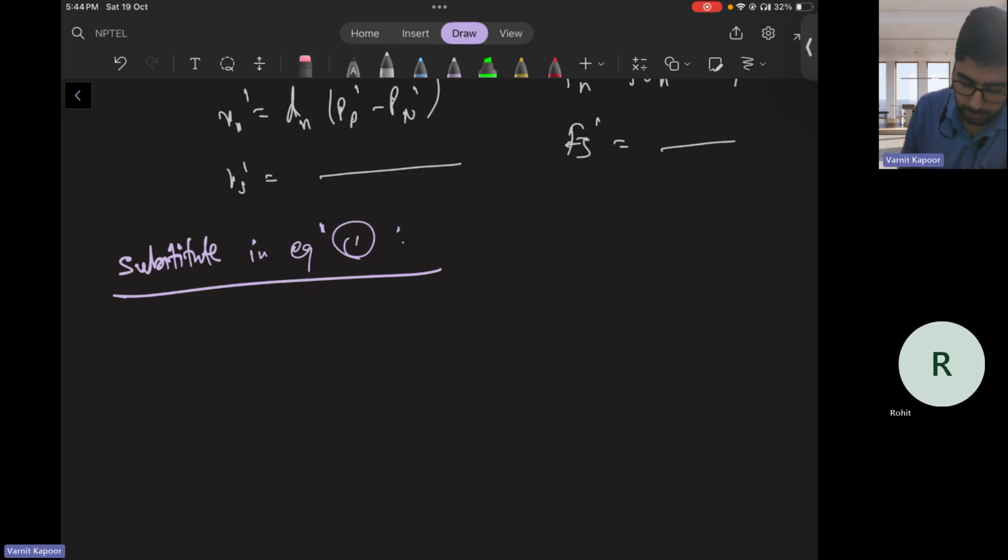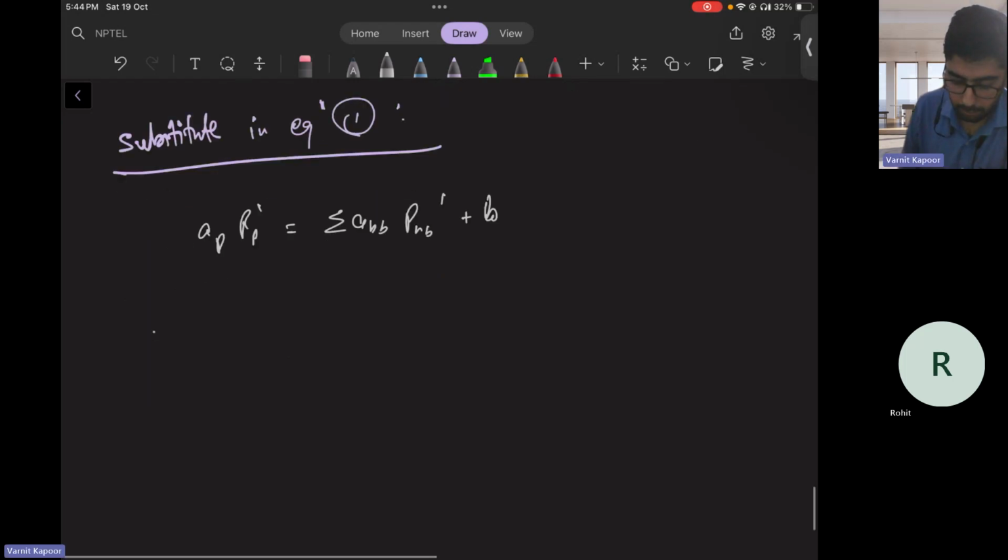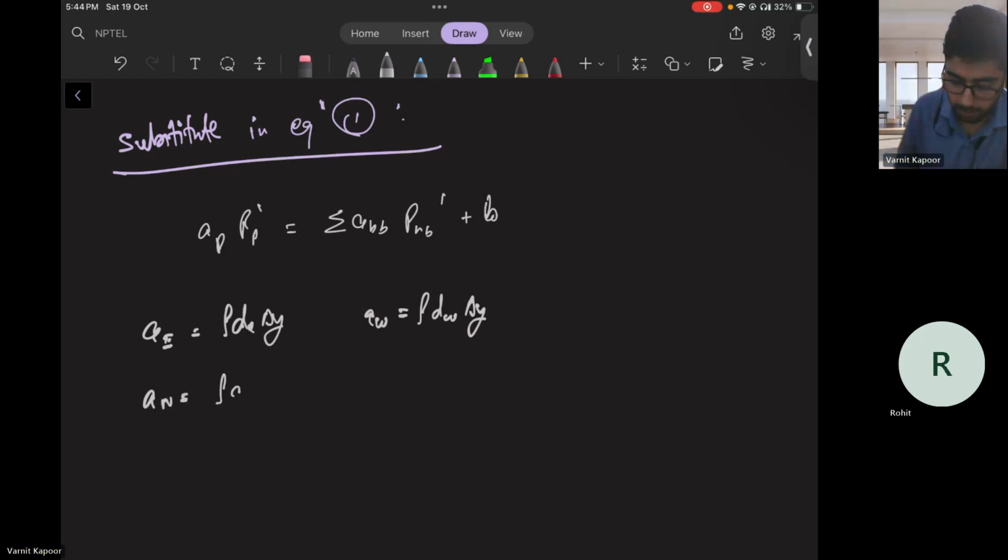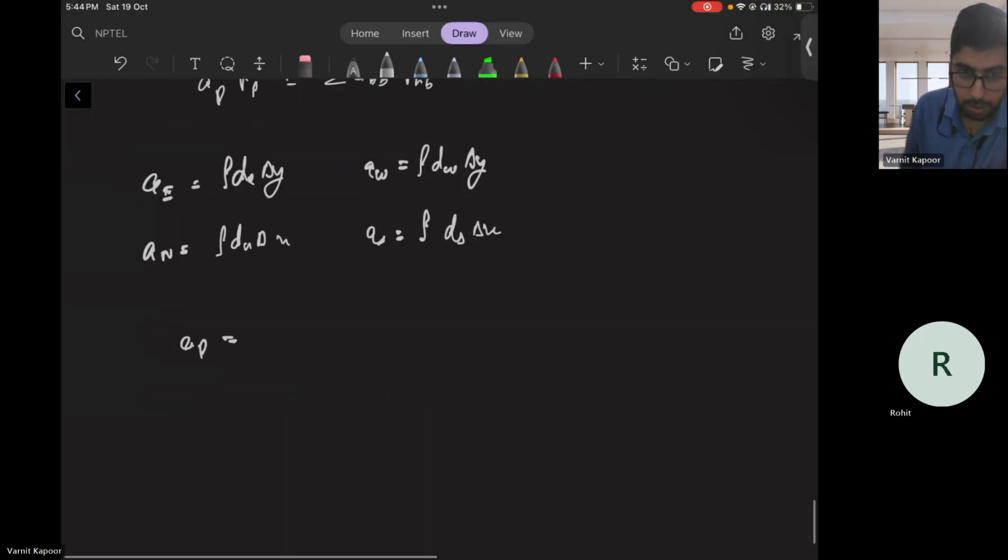The equation will come out to be in the form of AP PP prime is equal to summation of A nb Pnb prime plus B. And your AE will be rho dE del Y, AW will be rho dW del Y, A north will be rho dN del X, A south will be rho dS del X. Your AP will be AE plus AW plus A north plus A south.